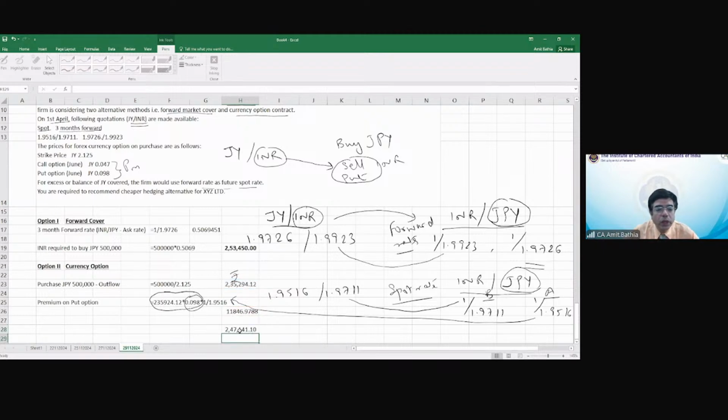So my total outflow is 247. Now in examination, remember, we are taking over here 2 decimal points, right? So I get 11,846.9788. So my total amount comes to 247. This is my total outflow.